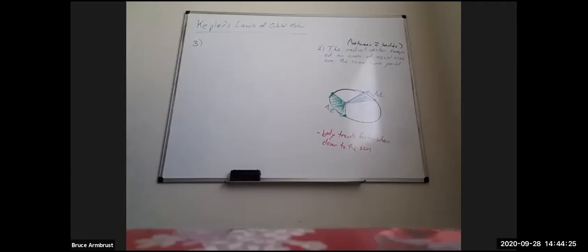If you were to look at the ratio of the periods of 2 planets, right? So we got this orbiting going on, but you've got 2 planets. It's actually equal to the ratios of the cubes of the semi-major axes.